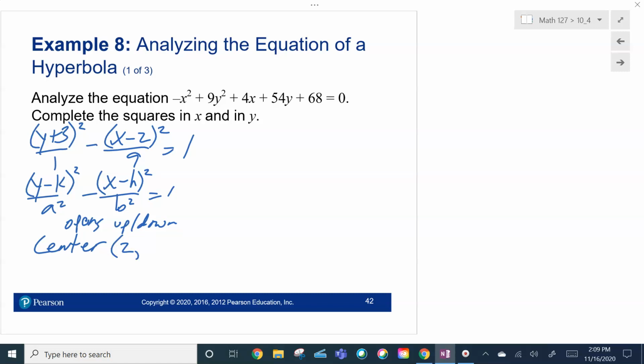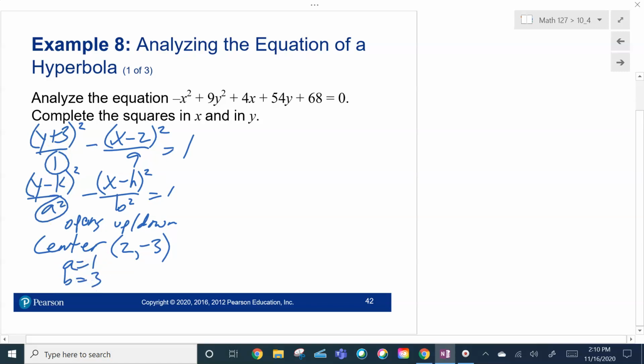So that's y minus negative 3, so my k's got to be negative 3. So my center is 2, negative 3. That's my h, k. And then I know my a squared is 1, so a is 1, b squared is 9, so b is 3.